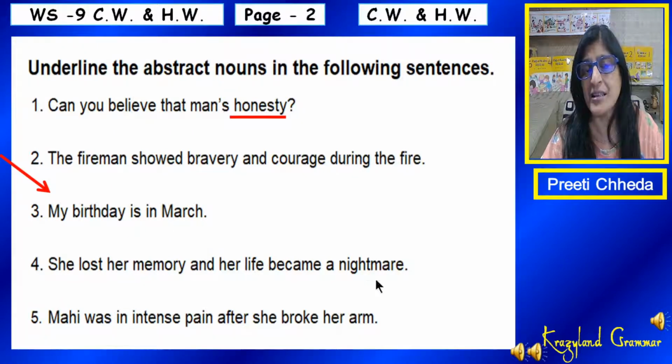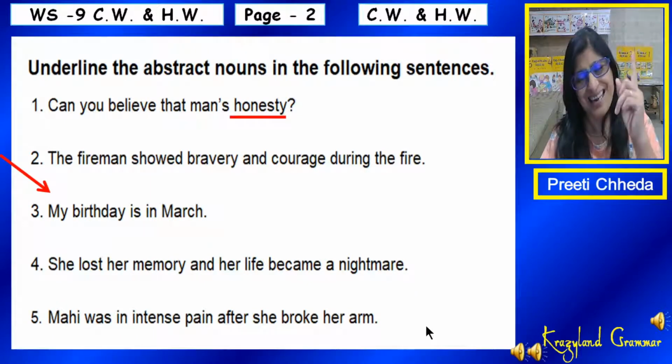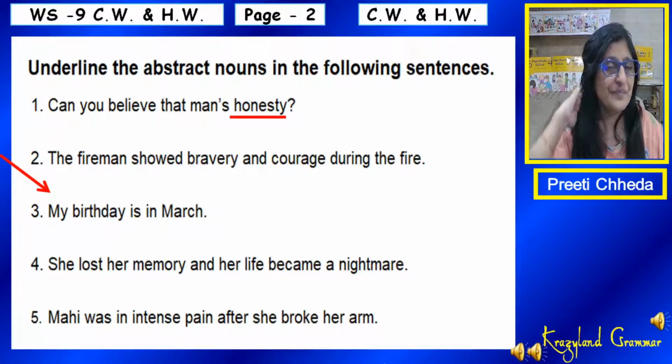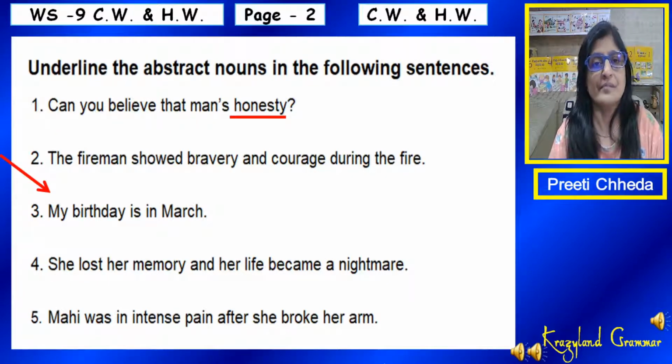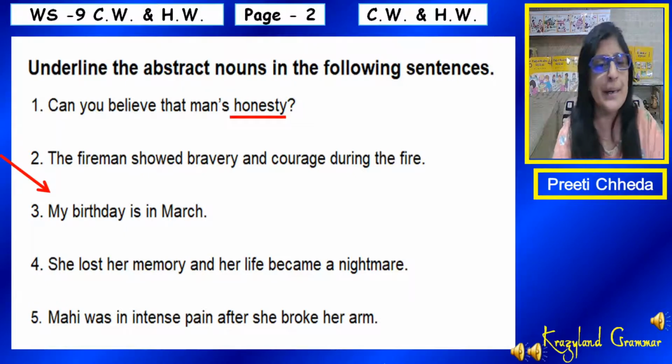Second and the third. Do it on your own and your time starts now. Check word by word.